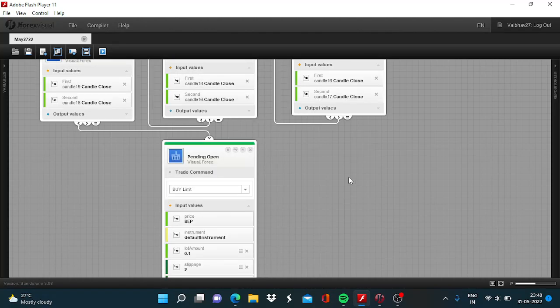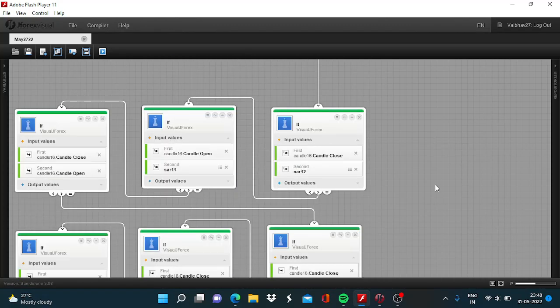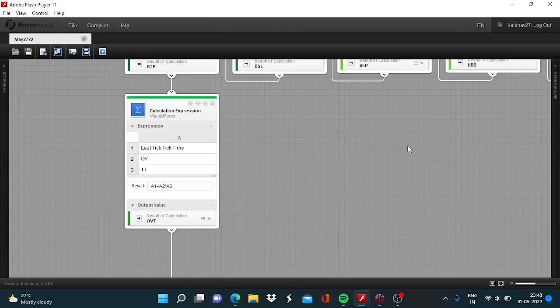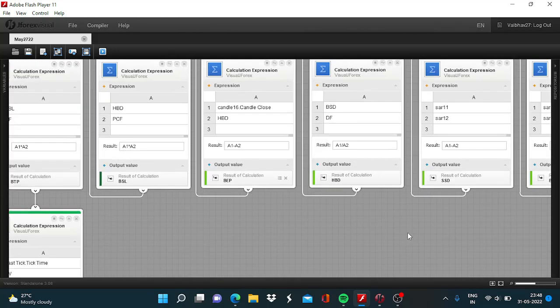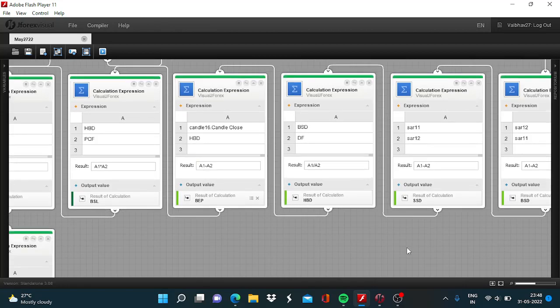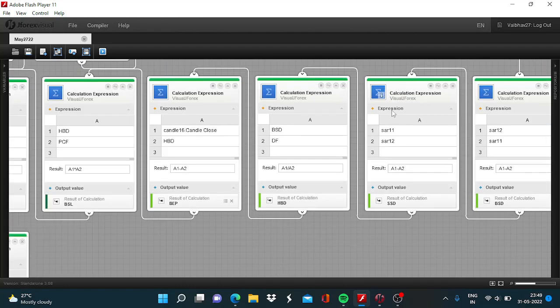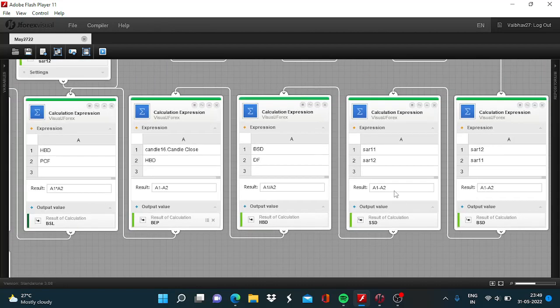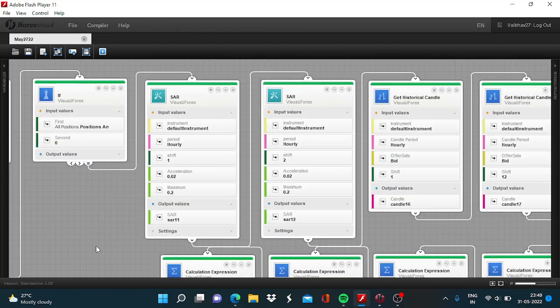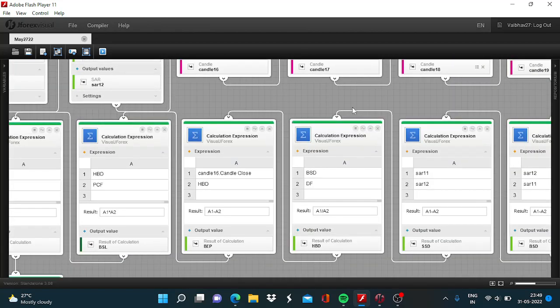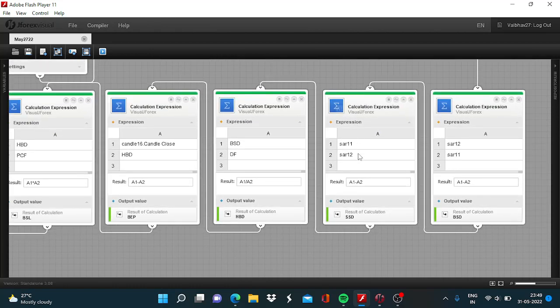So we head back to the Visual JForex platform, where we now have to define certain variables. For that, we are going to need a couple of calculation expression blocks. We have to take half of the difference between SAR11 and SAR12. SAR11 is the last hour's SAR output, from which we will deduct the prior hour's SAR output, and whatever the actual difference is, we will take half of that.